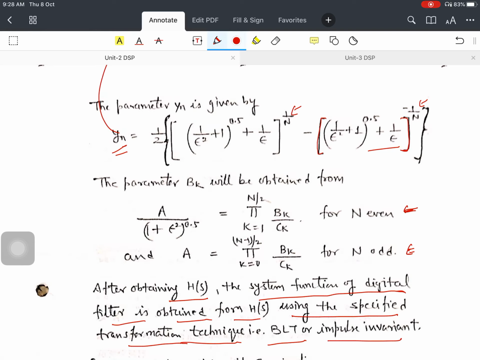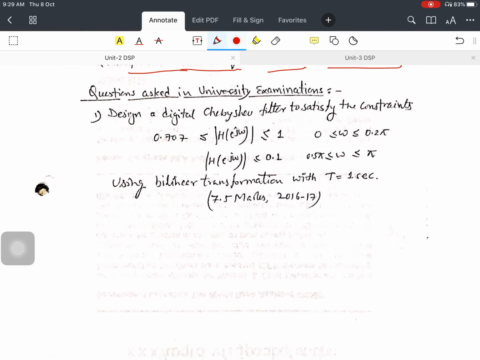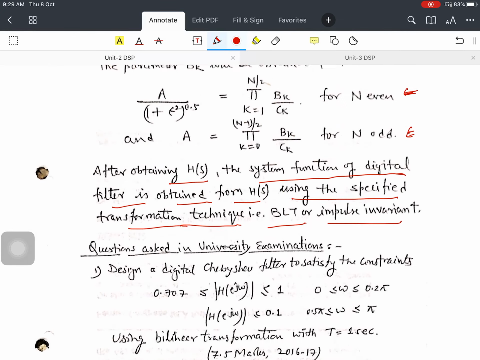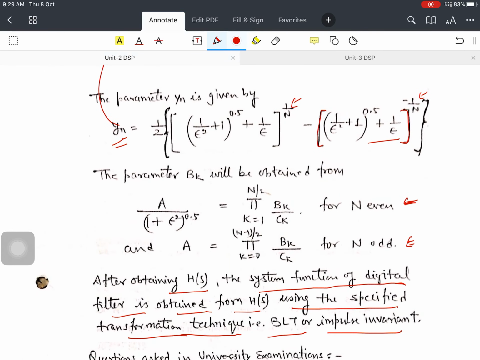But you have to remember, it will be mentioned in the question whether you have to use BLT, bilinear transform, or impulse invariance transform. So this is all about your lecture 25, basic steps for designing the transfer function of your Chebyshev filter. Okay, so thank you, students.